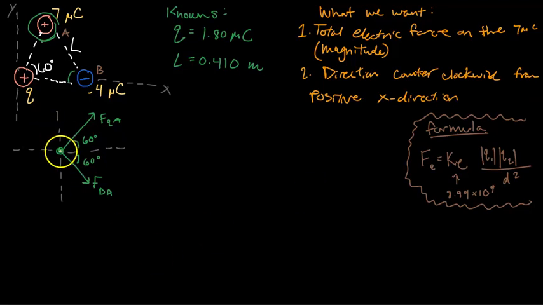Since these both have an x and y component, this is the y, which is in the negative direction, and this is the x, which is in the positive, and then this one's y, and this one's x. So we'll label them: f of q on a in the x, f of q on a in the y, f of b on a in the y, and this one's f of b on a in the x.